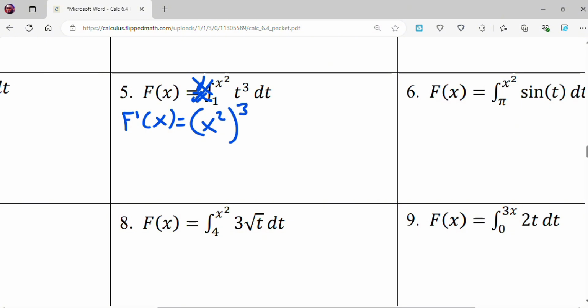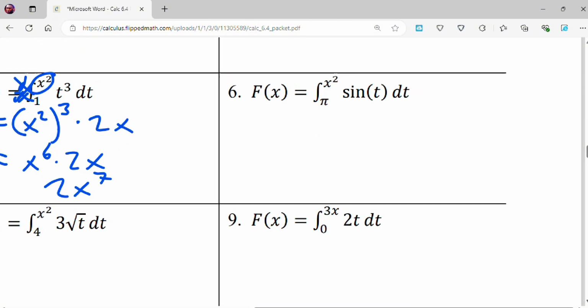Now, x squared has a chain rule. So what's the derivative of x squared? 2x. X squared to the third power is x to the 6. So x to the 6 times 2x, and that is going to give us 2x to the 7th. Right, x to the 6 times x to the 1 is x to the 7th, times 2 is 2x to the 7th.